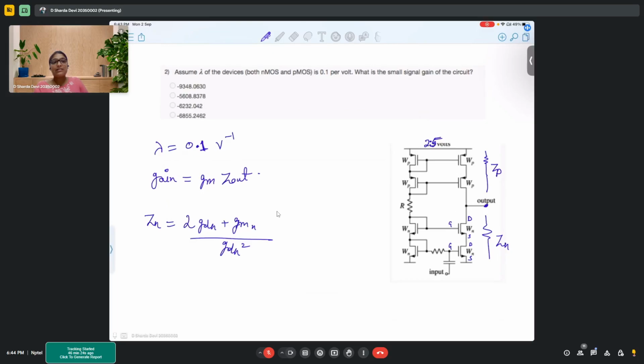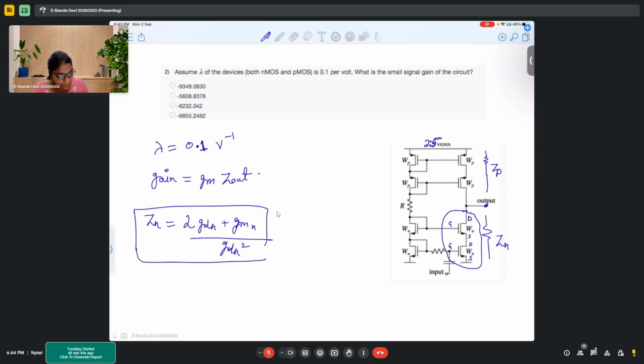The source of one transistor is connected to the drain of the other transistor. When you solve this combination using a small signal model, you find this value.